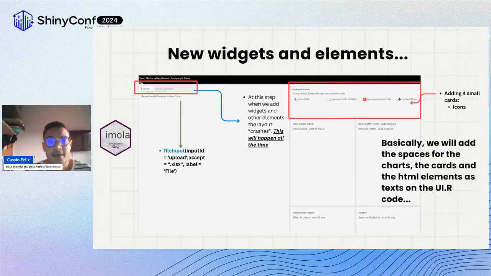But the main idea of the second step is to know that once I add all the widgets, I can have some crashes in the layout of my UI. So the second step presents this idea of, okay, I'm going to add the widgets where I know where they all belong, but how am I going to fix this? So I separate these fixing issues into the second step.